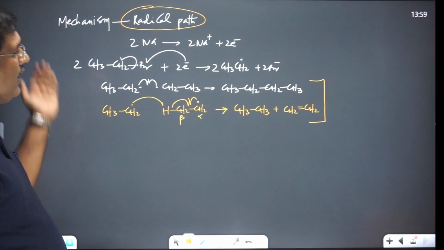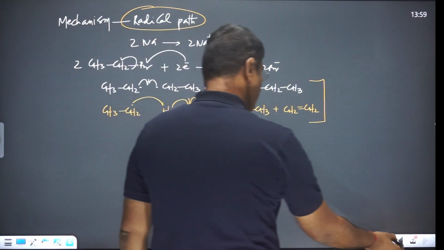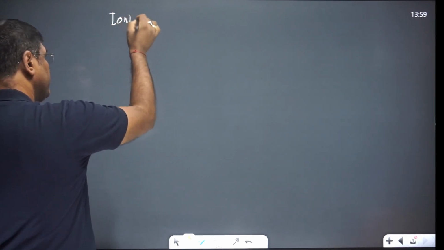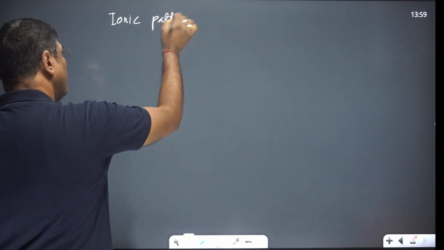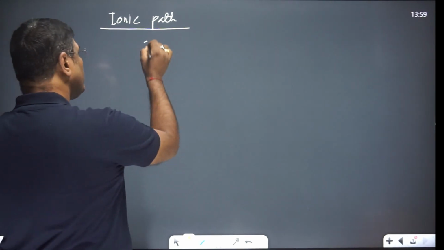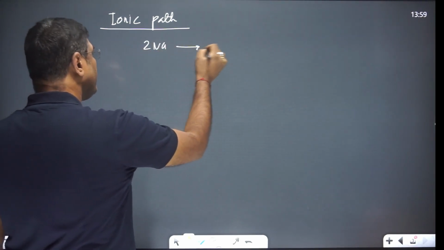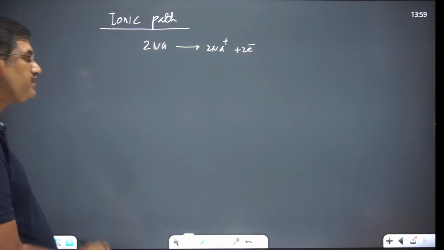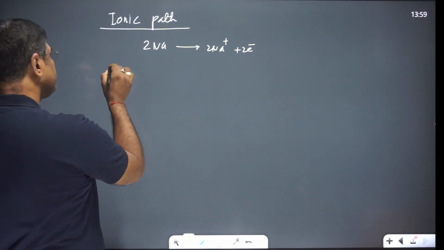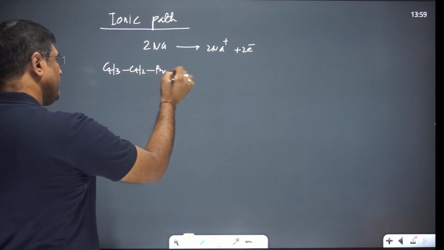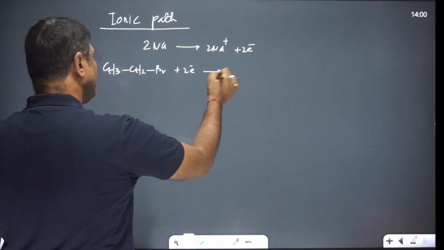Let's take the ionic path of the reaction. In the ionic path, we take the same thing: 2Na gives 2 electrons. Now these 2 electrons are given to the halide CH3CH2Br, which will accept the 2 electrons.